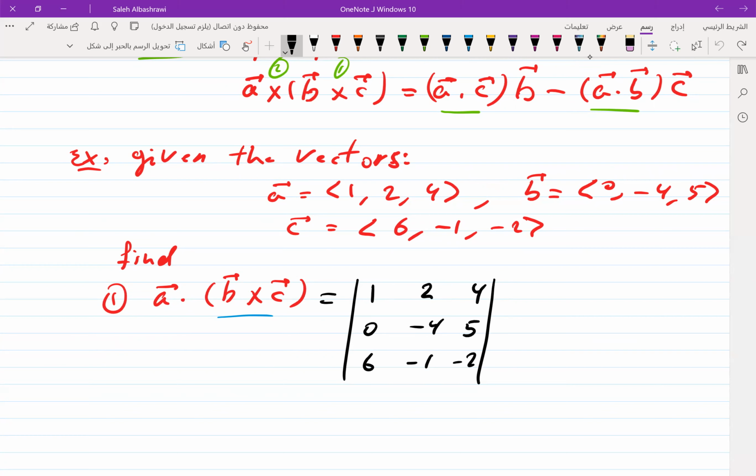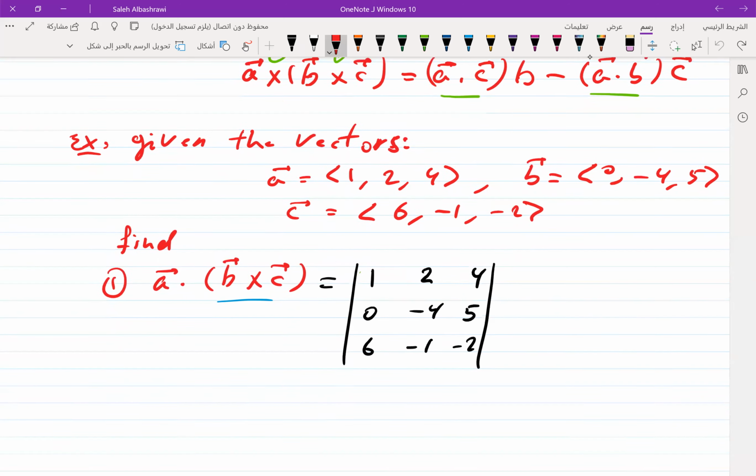To find the determinant of a 3 by 3 matrix, we can do it the classical way. Just take 1 and cross out the remaining, multiply minus 4 with minus 2, minus 1 with 5, like this. Then go for 2, do the same thing, and for 4. Or there's another way.